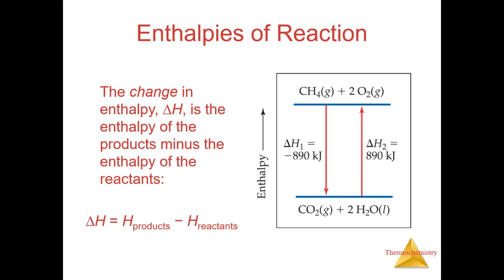And if my products are at a lower energy level than my reactants, then products minus reactants, I'm going to have a negative number. It's going to be exothermic. On the other hand, if my products have a higher energy than my reactants do, then my products minus my reactants is going to be a positive number. That is going to be endothermic.